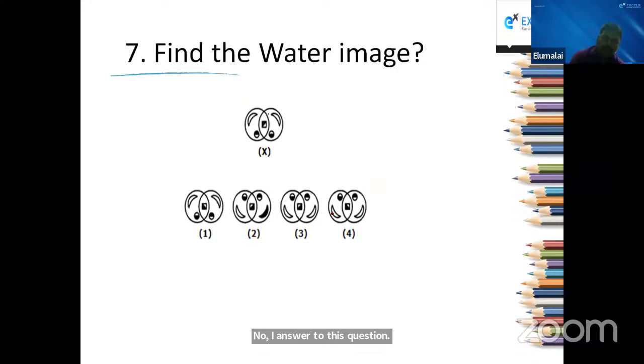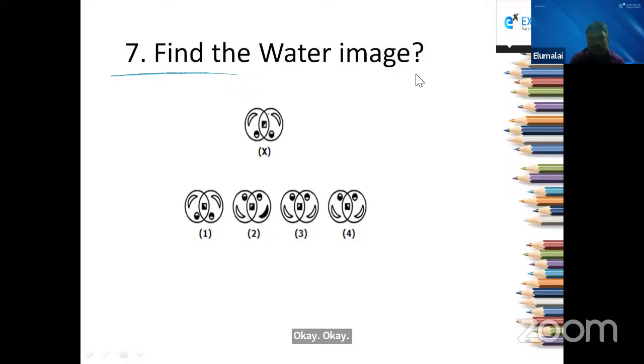Find the mirror image of this one. Very good. Except the two of you, the remaining have answered correctly.